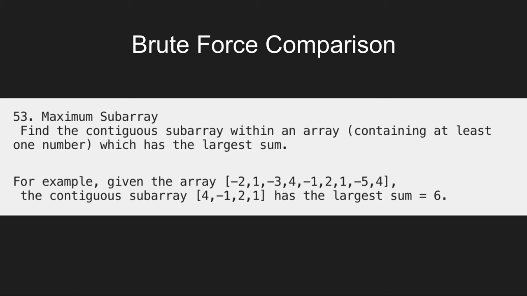The next inner loop would be to find every ending position to accompany that starting position, and the furthest inner loop would be to loop through between the designated start and end indices and calculate the sum while going through them. So that would be O of n cubed.